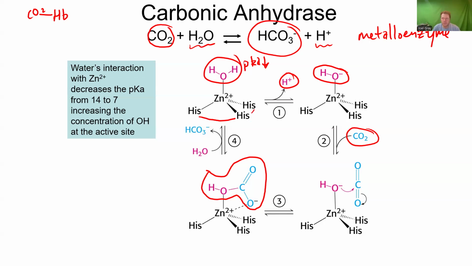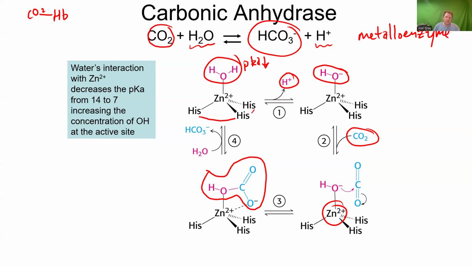But that's not what we're focused on, because how are these electrons being pushed around? Well, they're not being pushed around with the assistance of any sort of amino acid intervention. These electrons are being pushed around solely because of this zinc ion that's held in place.